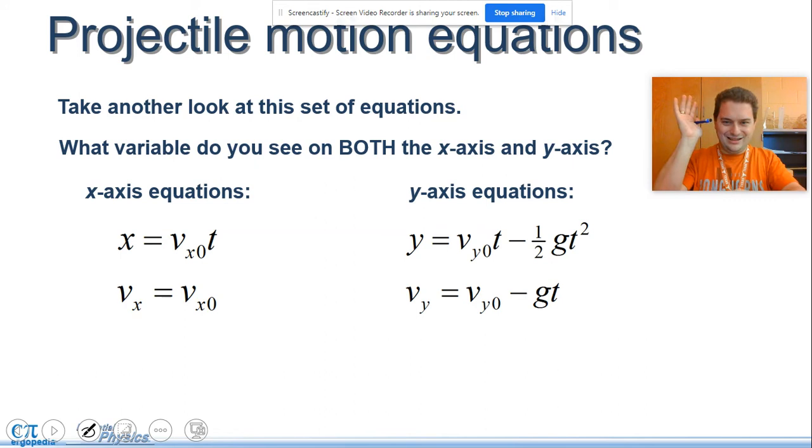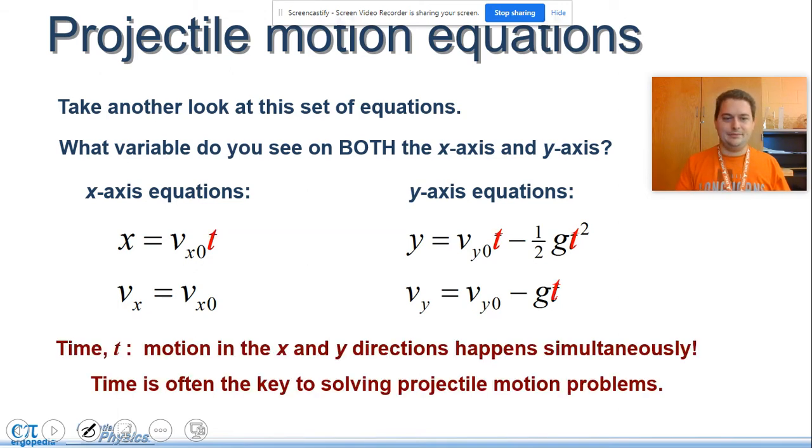What variable is the only variable in the x-axis and the y-axis? Take a look. Time. Motion in the x and y directions happens at the same time, simultaneously. Happens at the exact same moment.